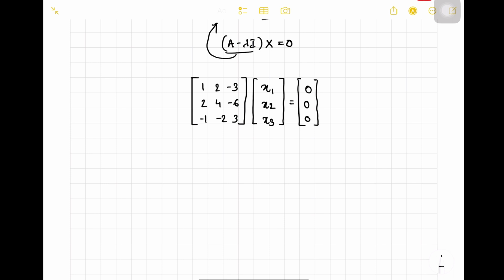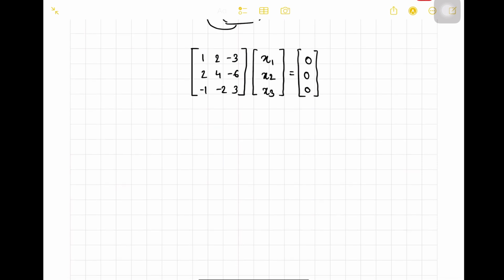So now in previous lectures I told you that after this you will solve by Cramer's rule. But now we are going to study how to solve if the eigenvalues are repeated.